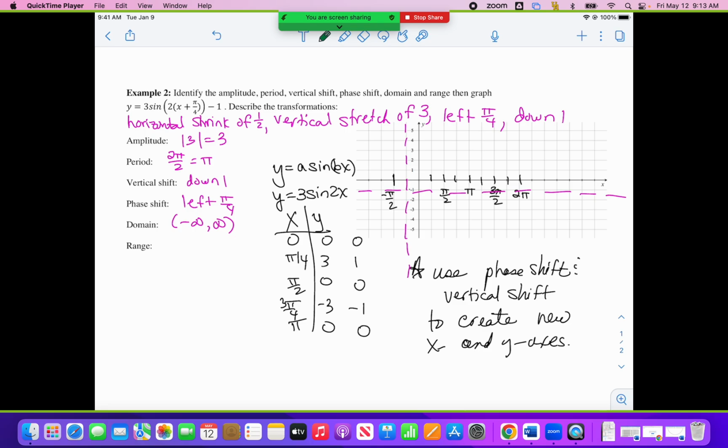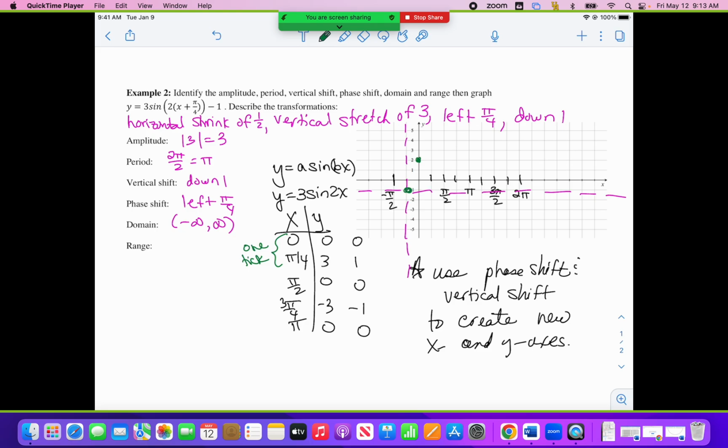So I'm going to plot the 0, 0, and then what you have to do, on this grid, pi over 4 is 1 tick mark. Sometimes it's been 2 ticks, sometimes 3 ticks, depending on what I chose as my scale. So now I'm going to move right 1 tick and go count up 3. 1, 2, 3. So that's actually at 0, 2.